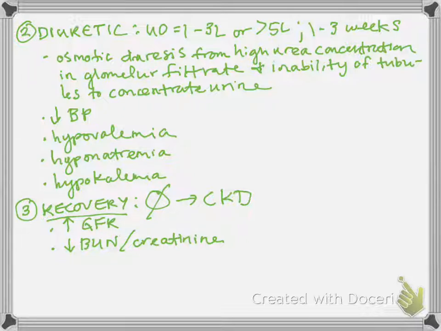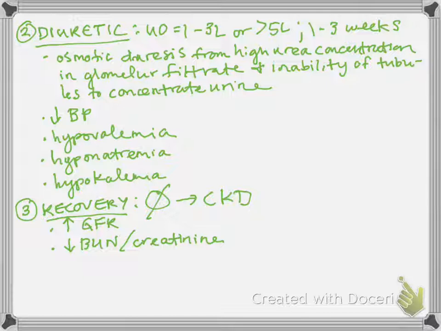I am going to focus mostly on the pathophysiology for this test, just because there is so much to cover. I'll briefly go over interprofessional care, and this is going to depend on the phase of acute kidney injury. Remember, it could be the oliguric, the diuretic, or the recovery phase.